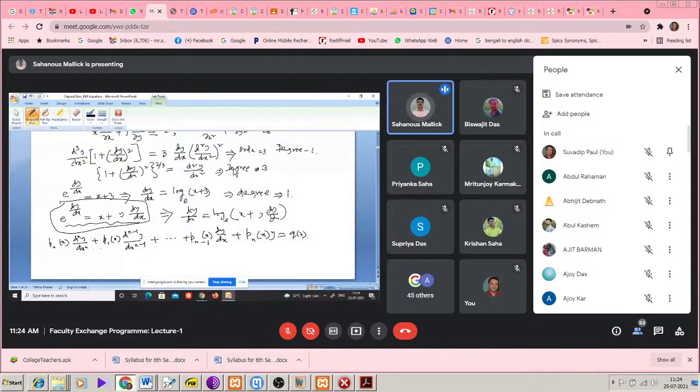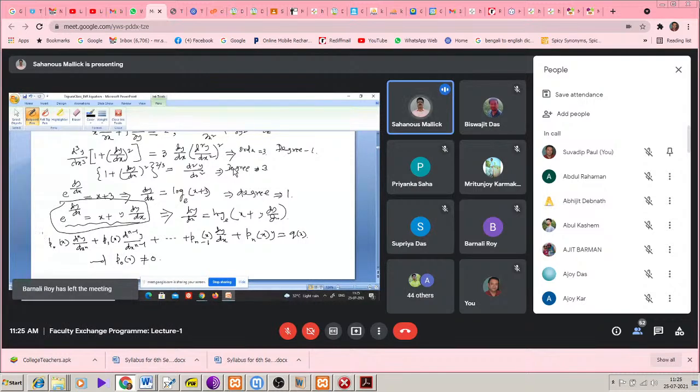Here P0, P1, Pn-1, Pn and q are functions of x, and mainly P0(x) is not equal to 0.